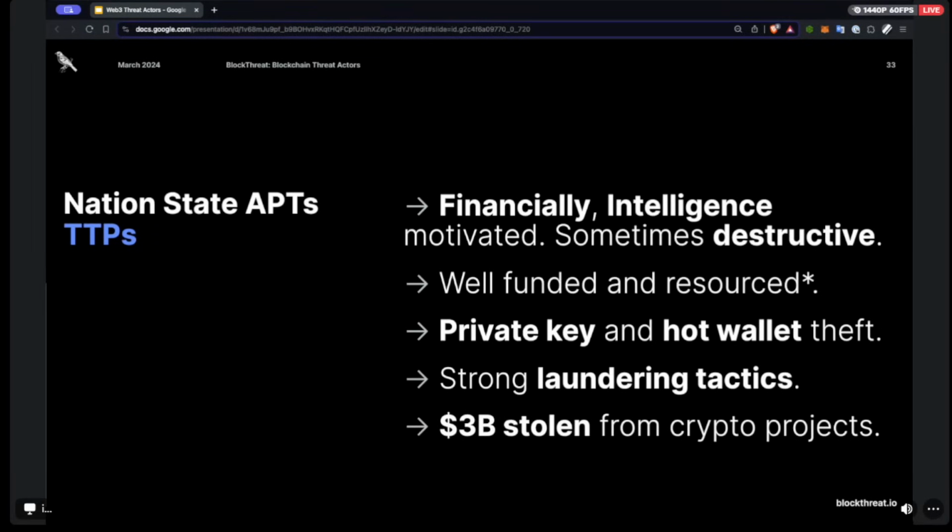Although we're seeing a few indications that they're diving into governance hacks lately. But for the most part, they stick to what actually brings life. And it makes sense, right? You're a soldier and you're told you need to steal $1 billion per month. And if you do that, you'll get promoted. And if you don't, you get demoted. Maybe you're going to start cleaning toilets because you're not good at hacking anymore.